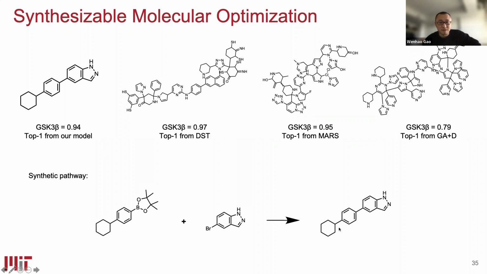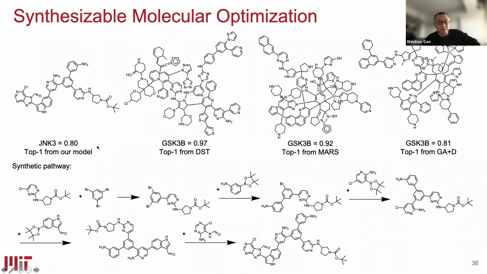Combined with a plausible synthetic path obtained from our model, with just one step of Suzuki reaction as a byproduct, I think our design is more valuable, even though the values are lower.